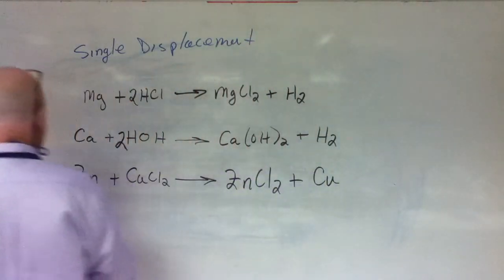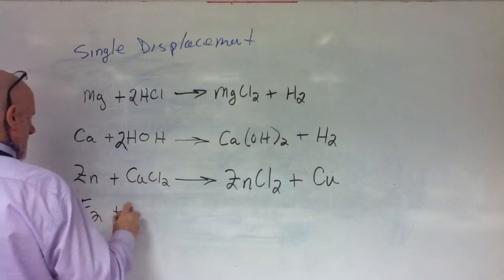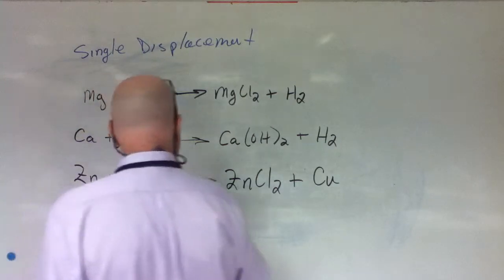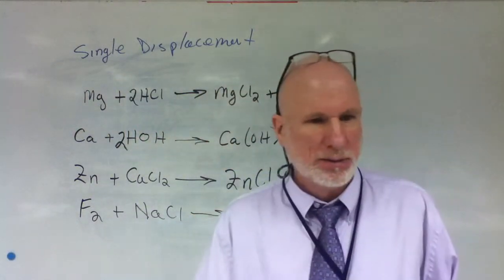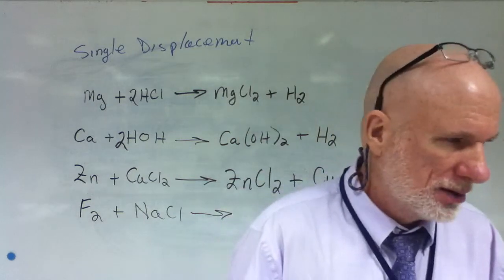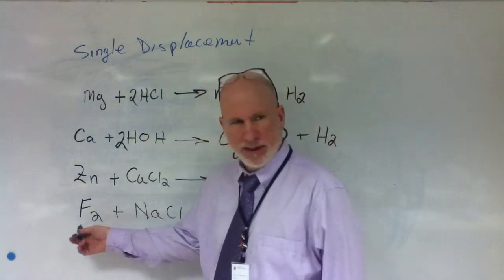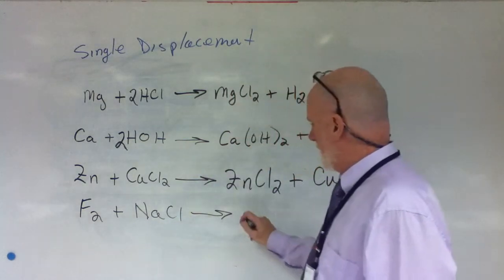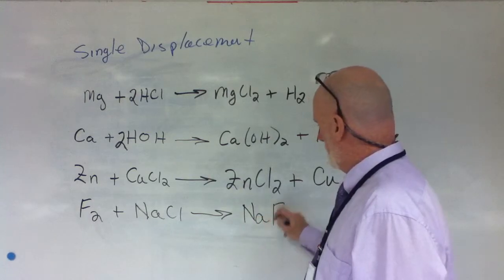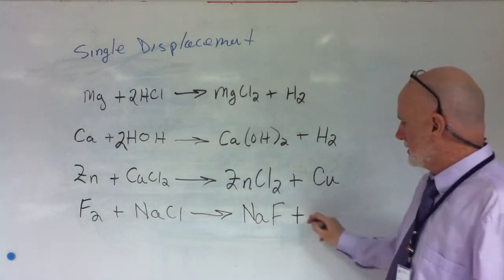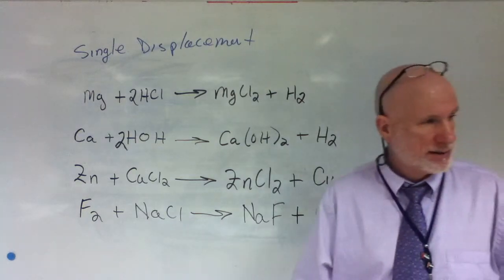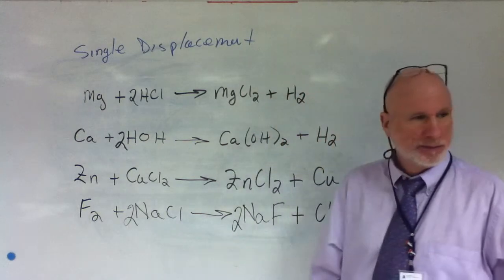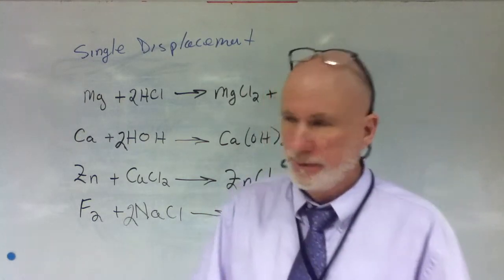If I take something like fluorine and add it to sodium chloride, even though all these are going to work, the ones that actually do work are the ones where the more active one is a reactant, right? Okay, so this is going to be what? Sodium fluoride, good, excellent, plus chlorine gas. So we put a 2 by the NaF. Correct. That's it.